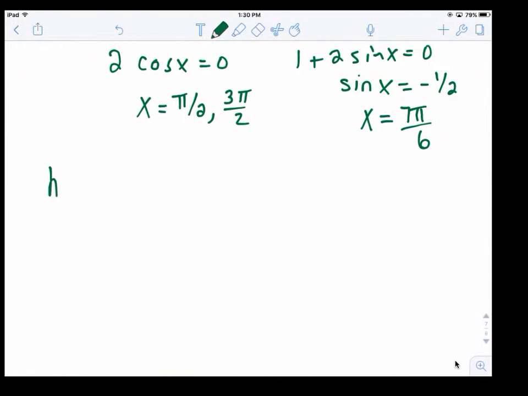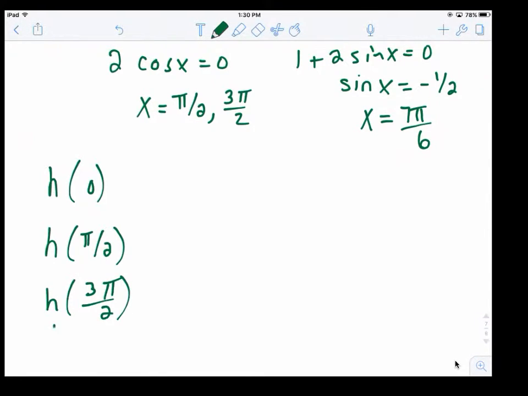All of those are in your interval. So you have h of 0, h of pi over 2, h of 3 pi over 2, and then h of 7 pi over 6.